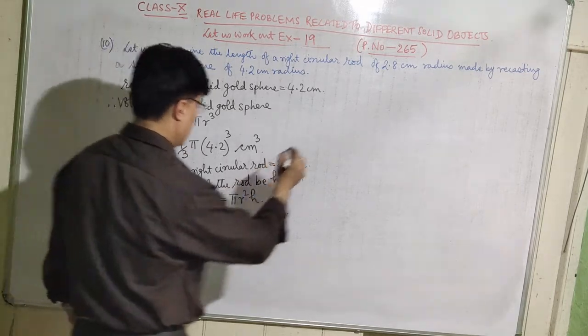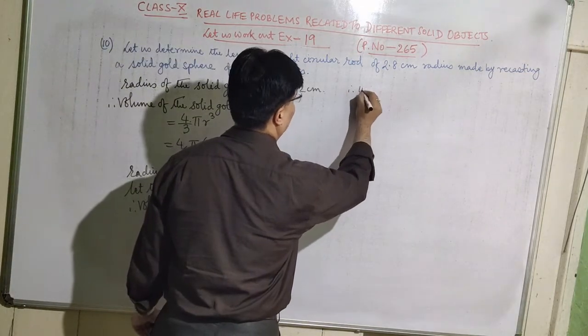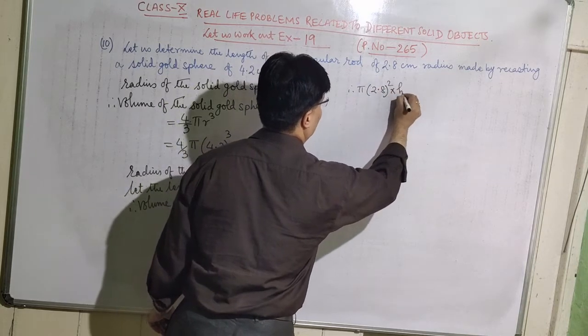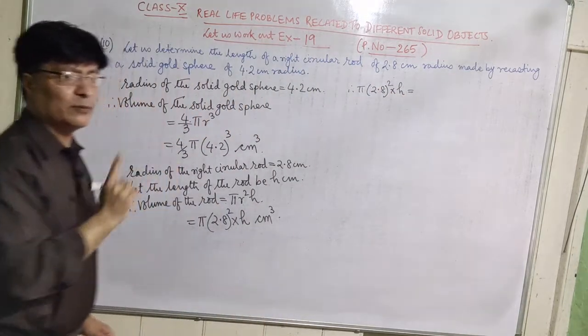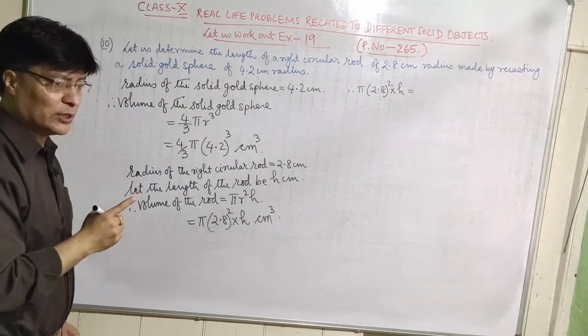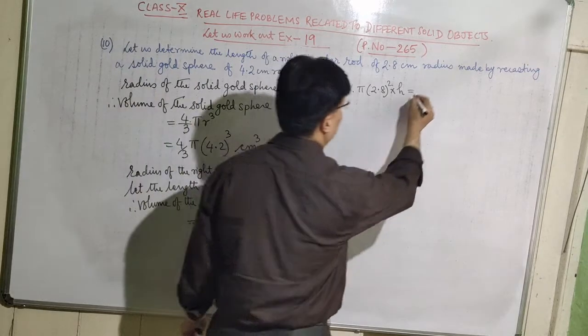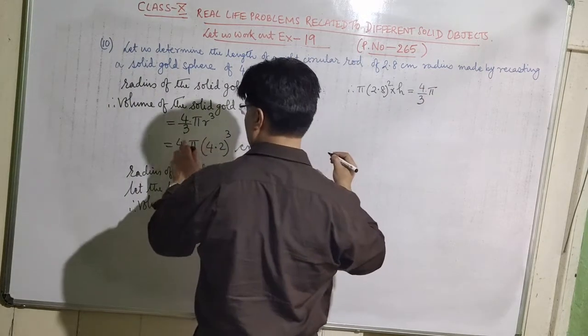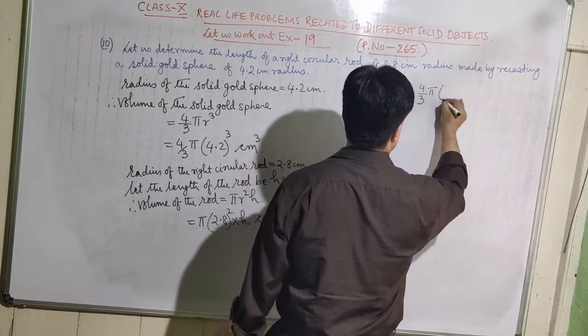That is, pi into 2.8 whole square into h, the volume of the right circular cylindrical rod, is equal to 4/3 pi into 4.2 whole cube.